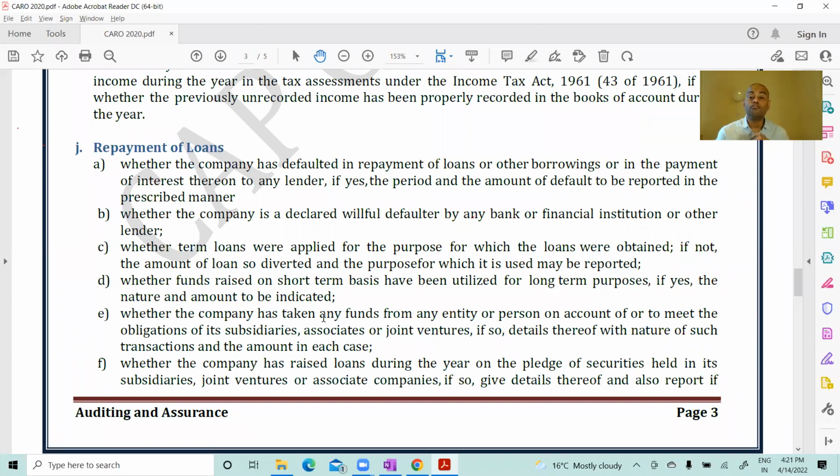The Central Government wants the management of the company to utilize the loans for the purpose they stated. For example, I went to State Bank of India and asked them, can you please give me 2 crore rupees housing loan?